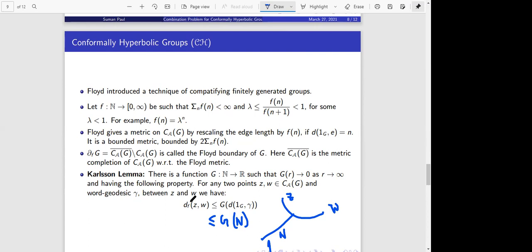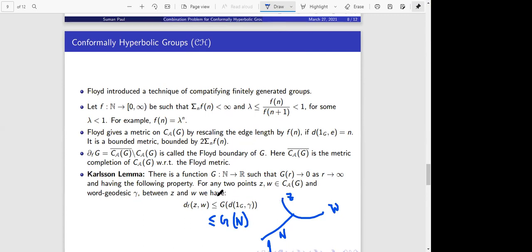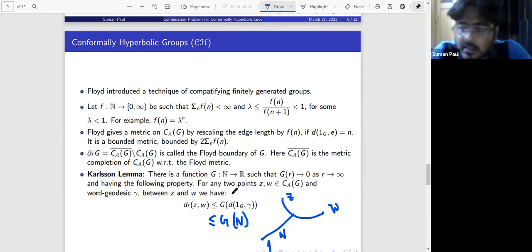Yes, it is less than or equal to that, or equivalent to that. That's why the Floyd boundary resembles the Gromov boundary for the case of hyperbolic groups.